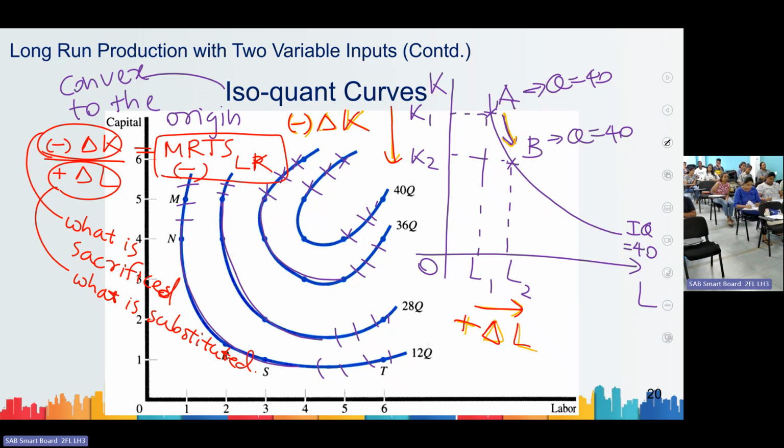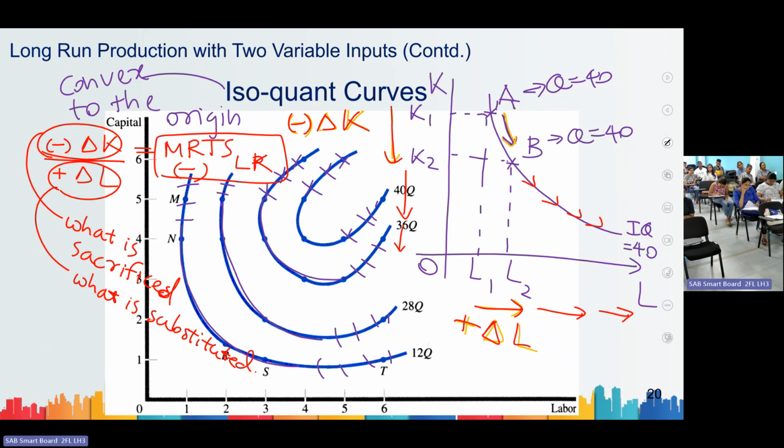So what is the formula to calculate the marginal rate of technical substitution? Delta K over delta L. When the firm moves down along the curve, it is sacrificing capital and substituting labor. To find the slope, we divide what is sacrificed by what is substituted.